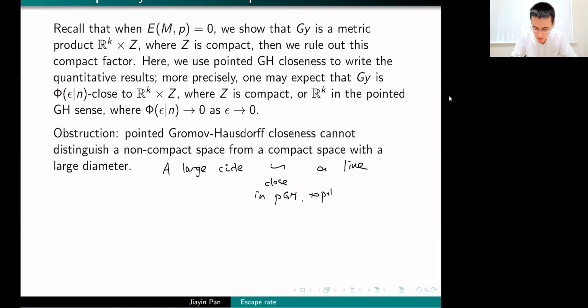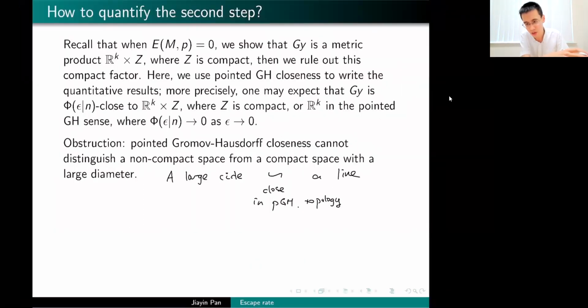That's possible. If you want to distinguish a large circle and a line, then you have to say how close it is. It's like 1 over the diameter. If they're that close, then I can distinguish them. They're different.